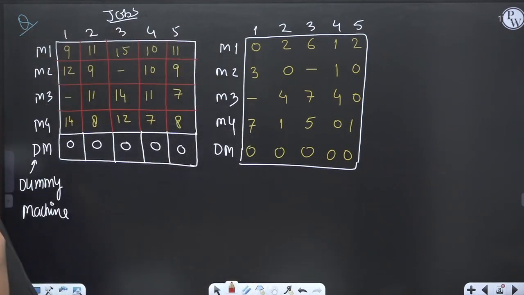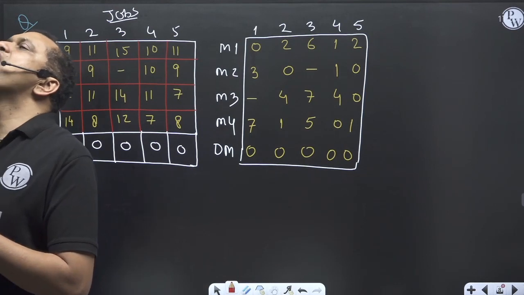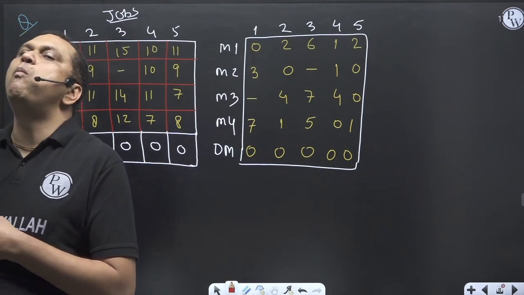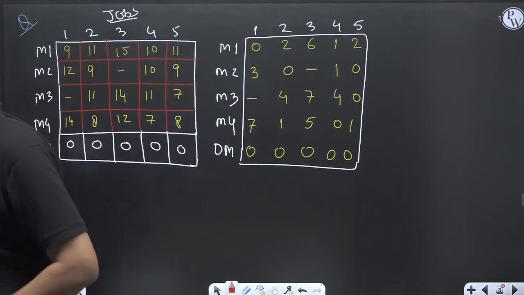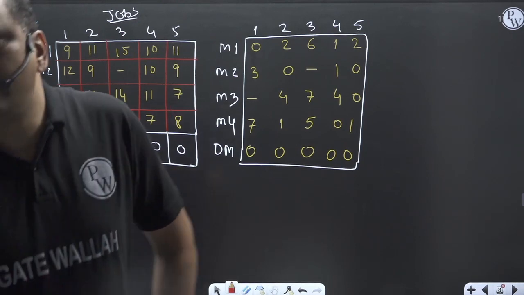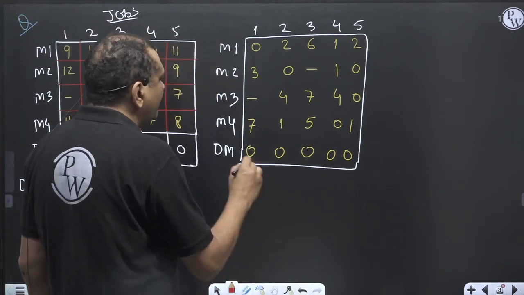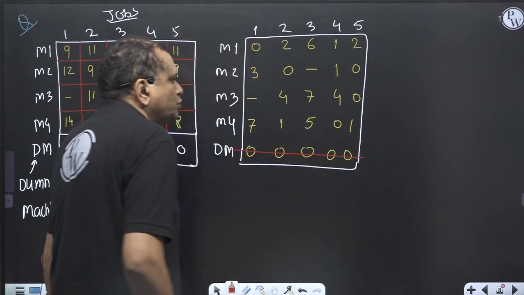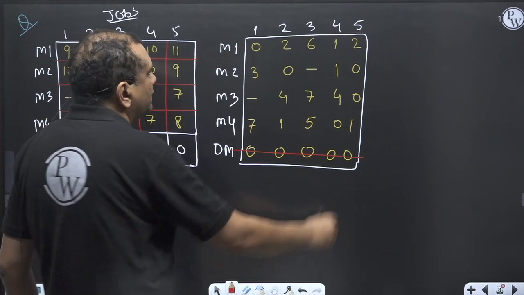Now cover all these zeros with the minimum number of lines. This is covered.